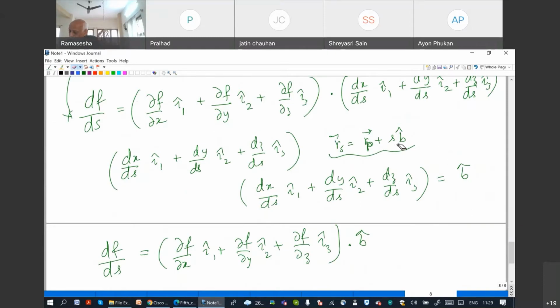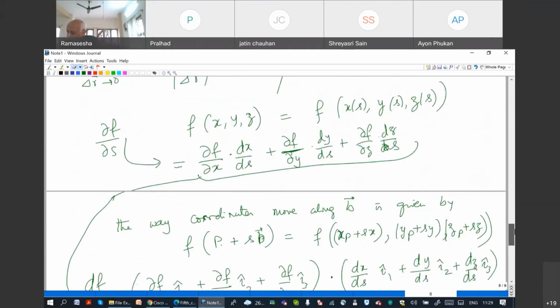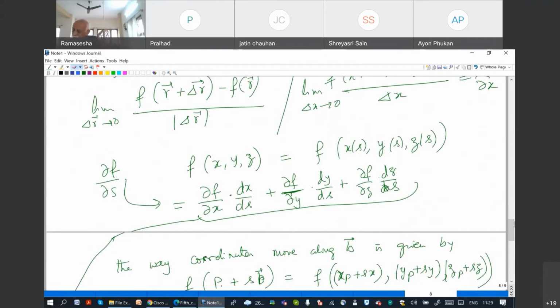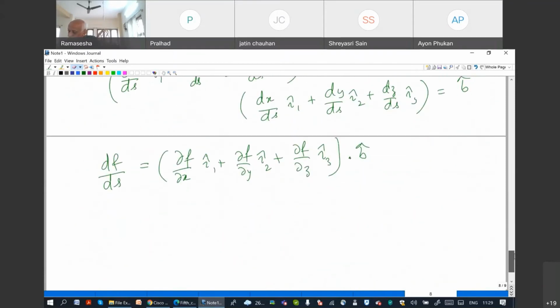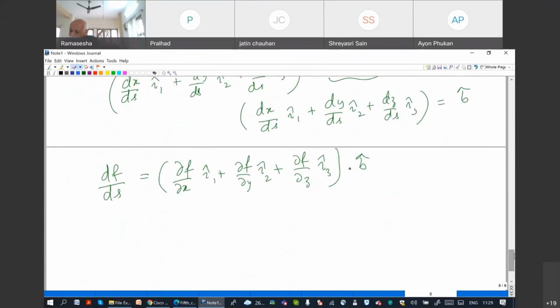When I differentiate, I just get B, because B is nothing but x of s times i1 plus y of s times i2 plus z of s times i3. Do you follow?